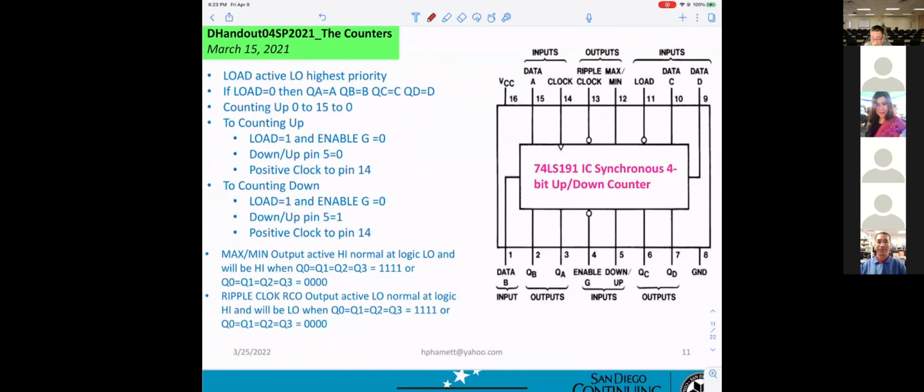Let's see, load what number? Here. Active low. 0, you want to load. 1, not loading. So you can load any number you want.